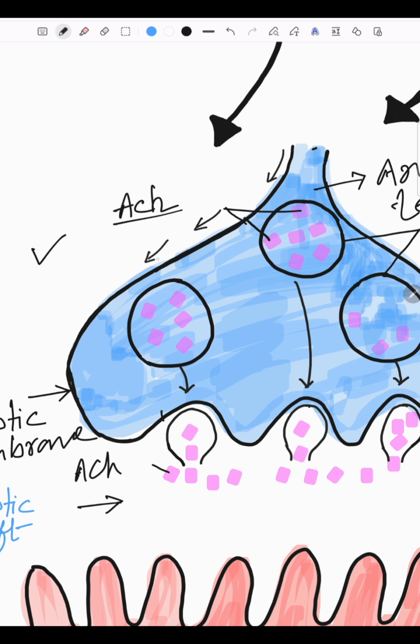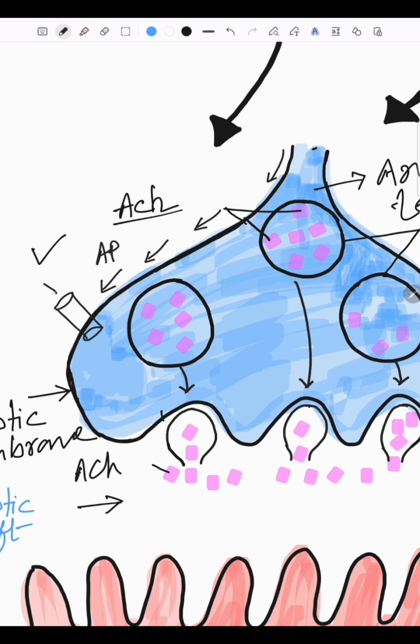Okay, here the action potential is traveling throughout the axon terminal, and release of acetylcholine occurs. So action potential causes the release of acetylcholine from the vesicles in the presynaptic terminal into the synaptic cleft, and there also occurs a chain of events. For this action potential, the voltage sensitive calcium channels open.